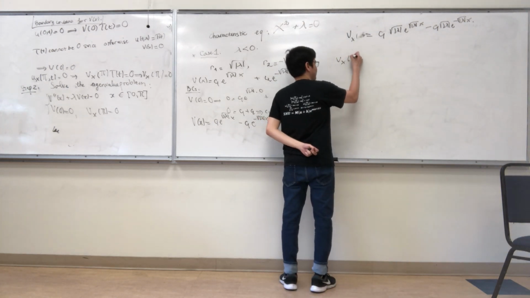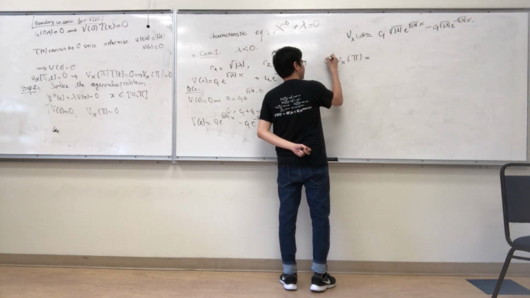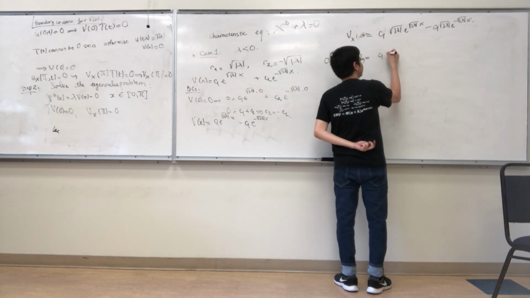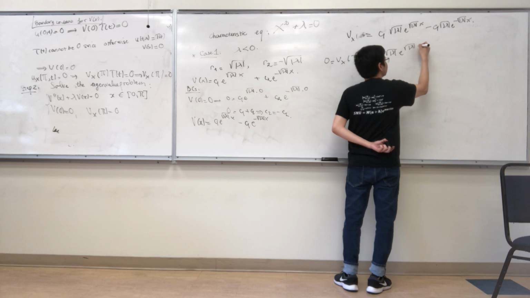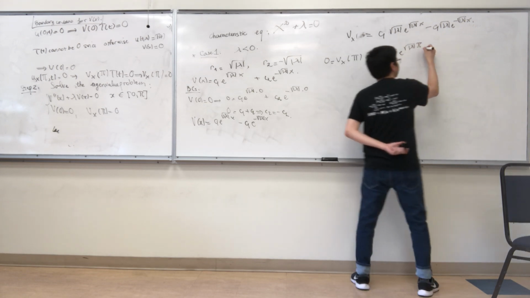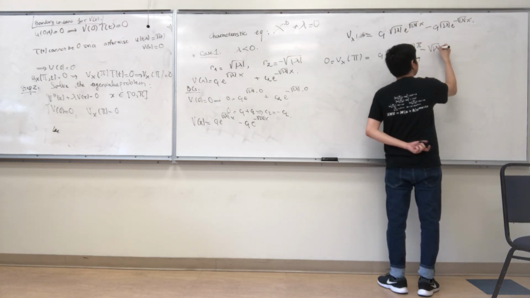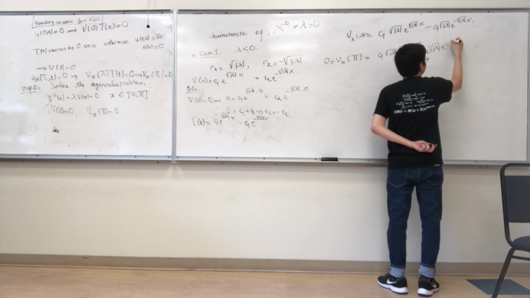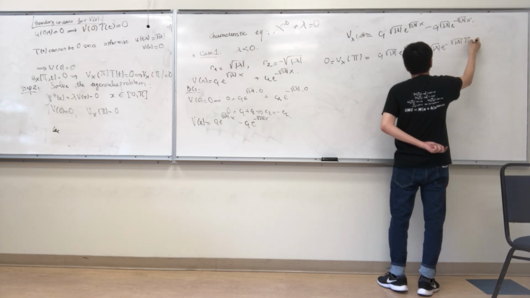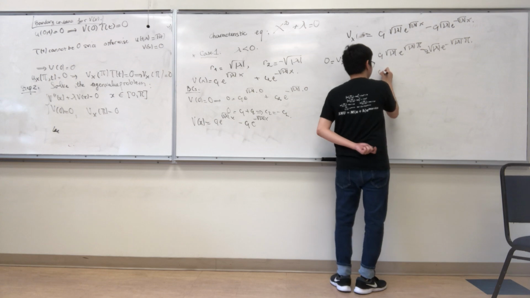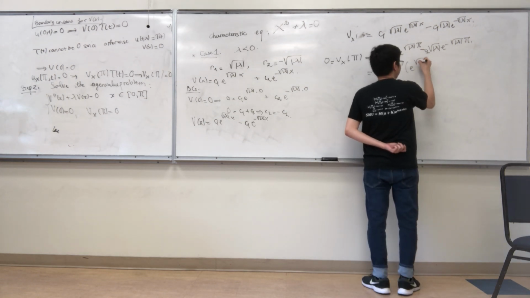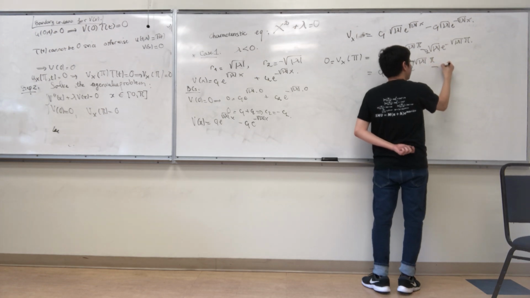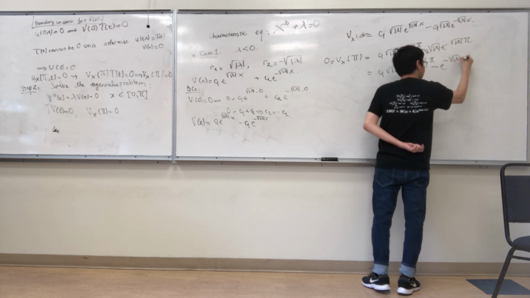So V'(x) at pi will be C1 square root of lambda exponential of pi minus square root of lambda C1 e to the power minus square root of lambda pi. So this gives you C1 square root of lambda, e to the square root of lambda pi minus e to the power minus square root of lambda pi.